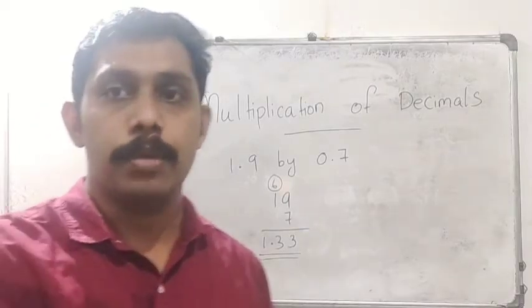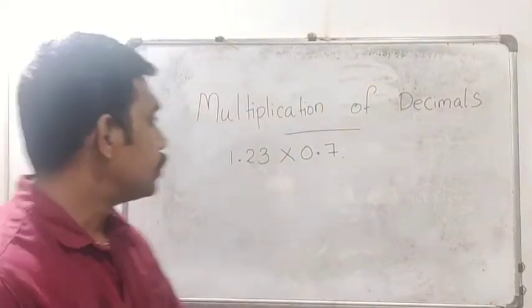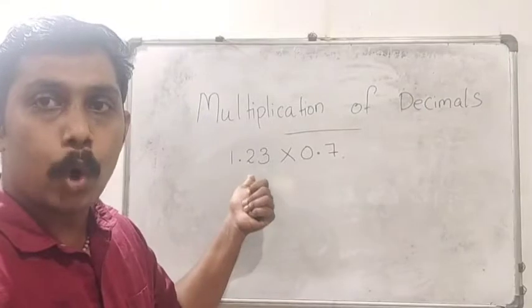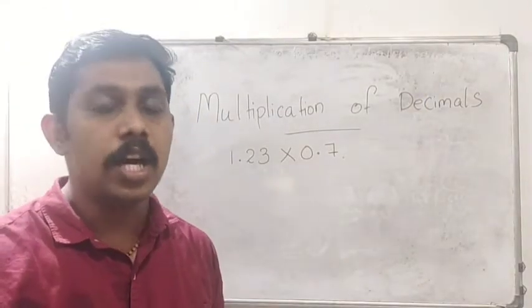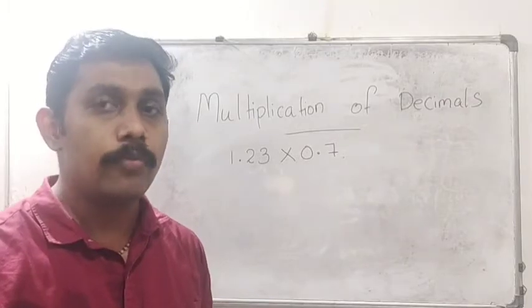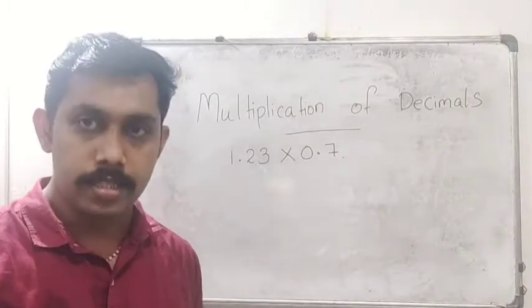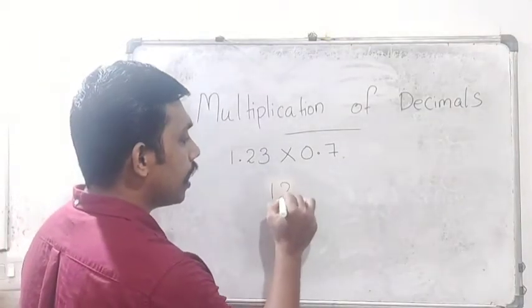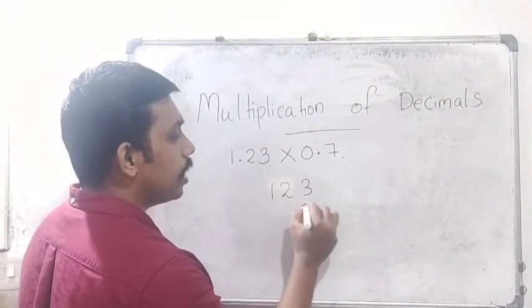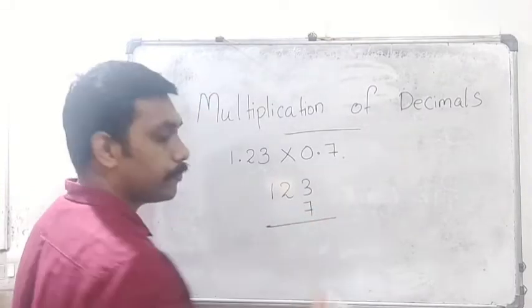Let's do another example. Okay, my dear students, look at here. 1.23 into 0.7. These are the two numbers. So first step, remove the decimal points. So the numbers become 123 multiplied by 7.